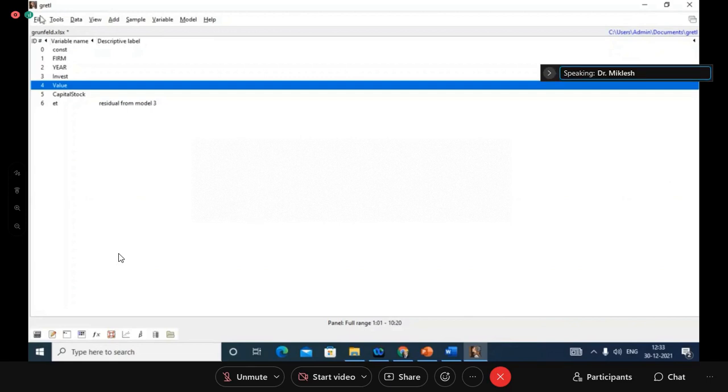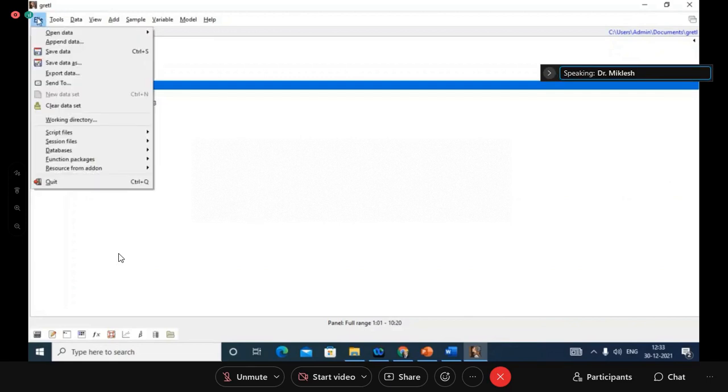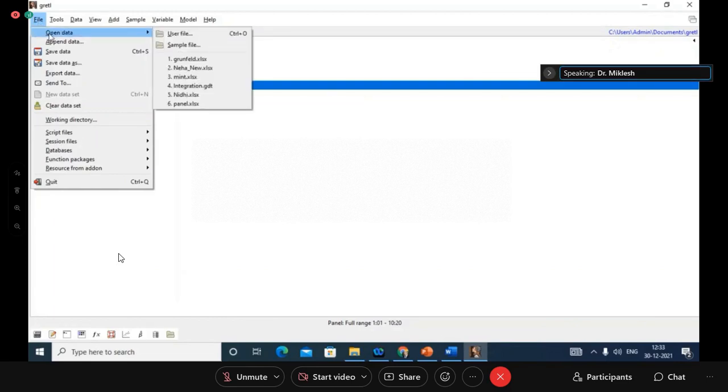When you go to this file and bring the cursor on open data, you may find two different things. The first option is user file and the second one is sample file. User file means whatever file or data you want to upload.